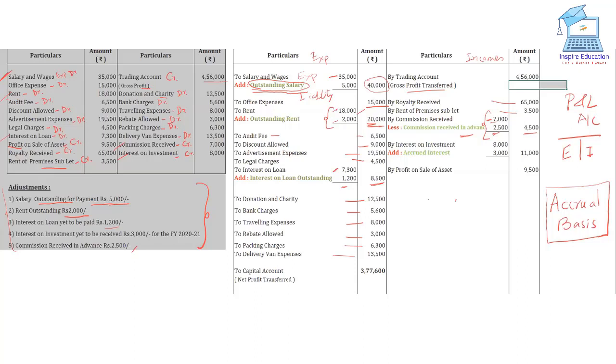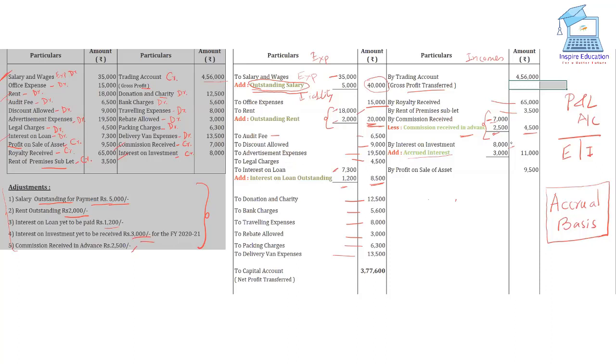Interest on investment, how much? It is 8,000. And accrued interest means, it is written here, interest on investment yet to be received 3,000.